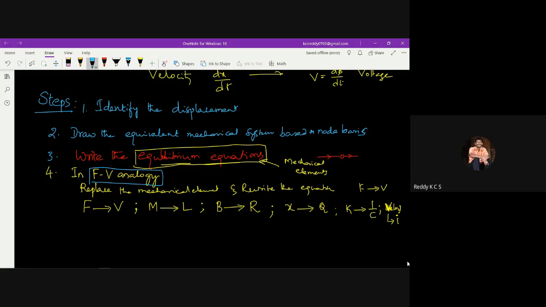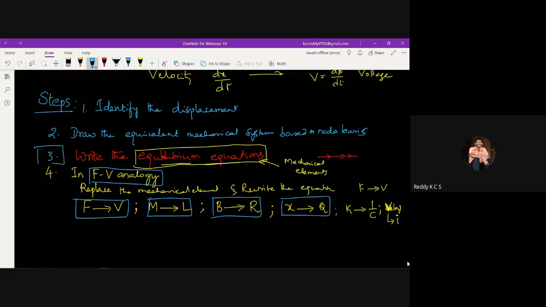This replacement should take place in the mechanical equations which you have written in the third step: write the equilibrium equations at each node. Those have to be replaced with these elements in the case of the FV analogy.